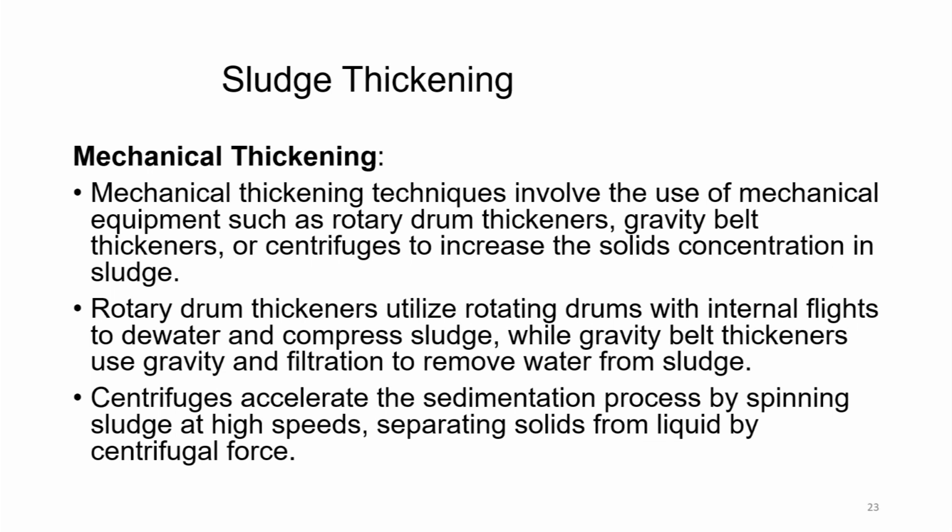Rotary drum thickeners utilize rotating drums with internal flights to dewater and compress sludge, while gravity belt thickeners use gravity and filtration to remove water from sludge. Centrifuges accelerate the sedimentation process by spinning sludge at high speed, separating solid from liquid by centrifugal force.